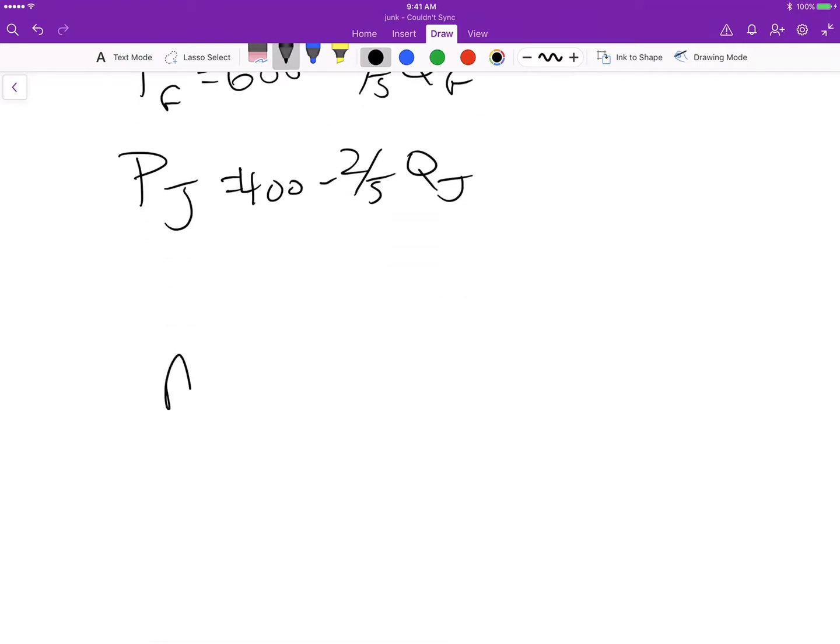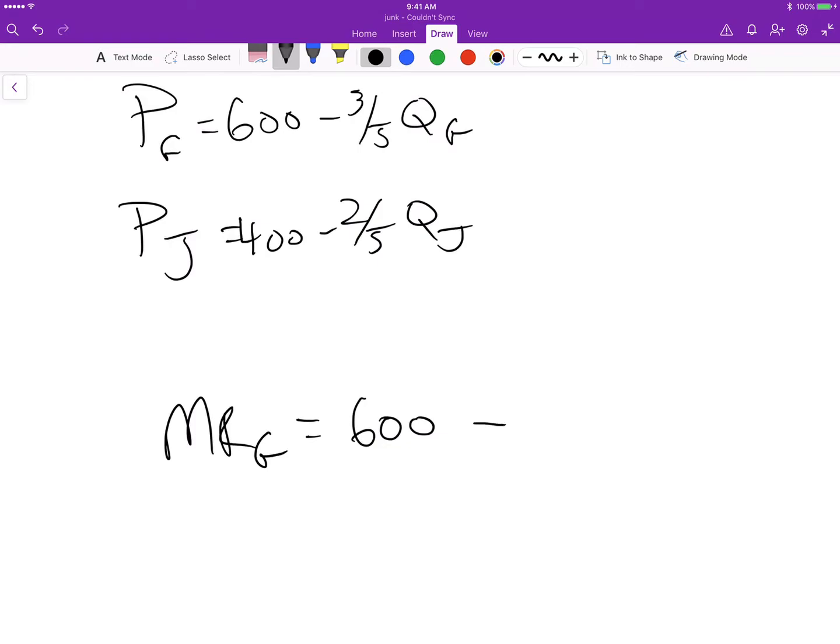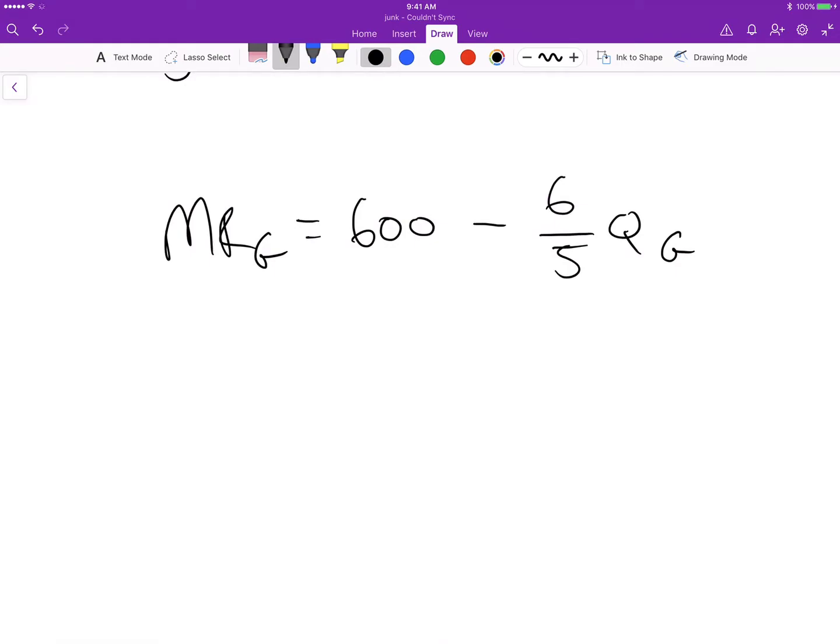So marginal revenue in the German market, we'll go same intercept and double the slope. So 3/5 will be 6/5 QG. And revenue will be maximized, which is the same as maximizing profits because there's no marginal cost in this question, when this is equal to 0.